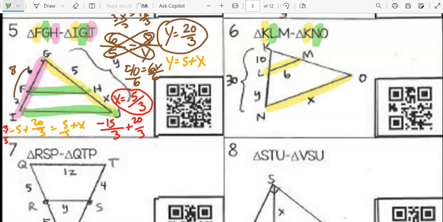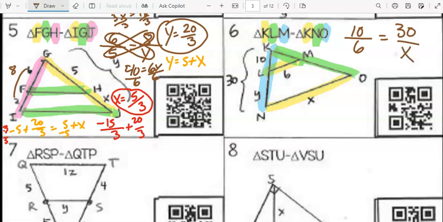And then L goes with N. And then M goes with O. Alright, let's solve for x. 10 over 6 is equal to 30 over x.